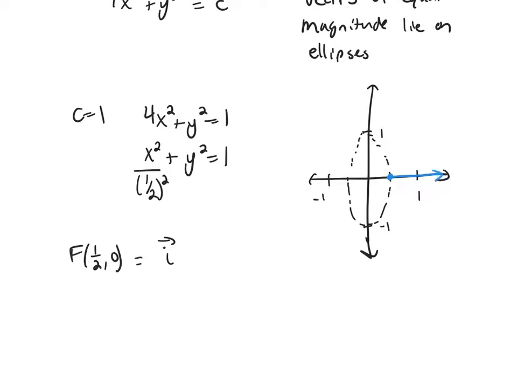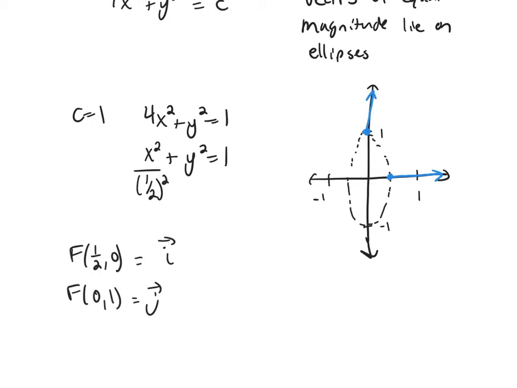So that vector would look like that. Then plug in another point, (0, 1). So pick this point up here, plug it in, you'll get the vector j. So going vertically up, a length of 1. I should make it a little bit longer. There we go.